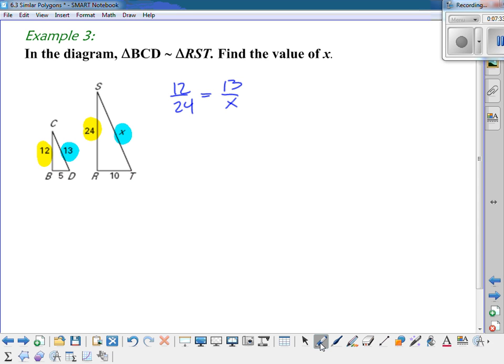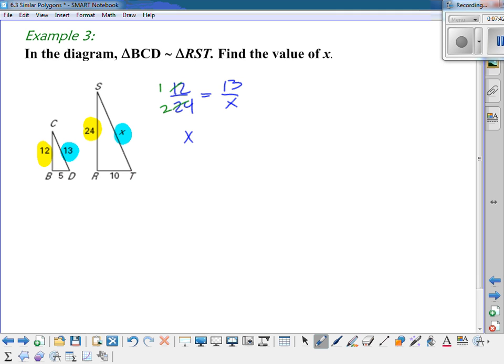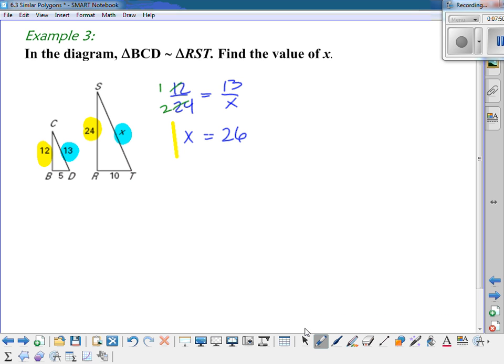Now I can reduce it before I cross multiply, so 12 goes into that once and into that twice. So when I cross multiply, I have x times 1, or x, equal to 2 times 13, or 26. So the length of side ST would be 26 units.